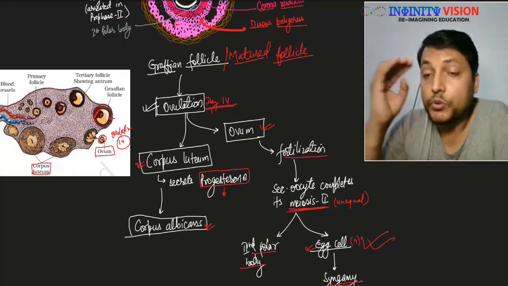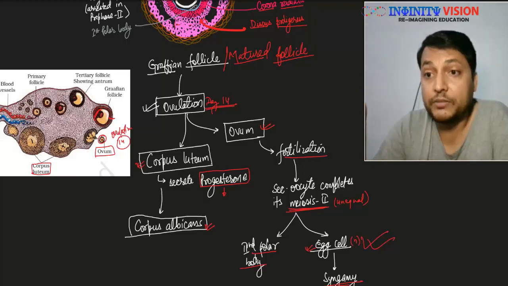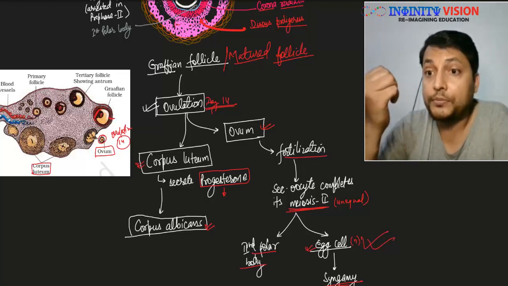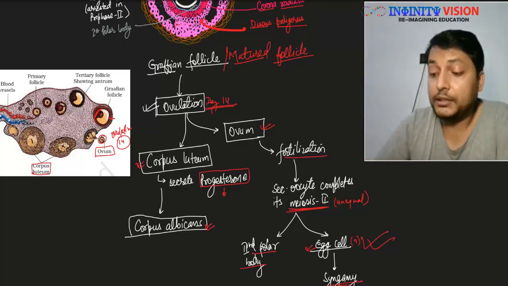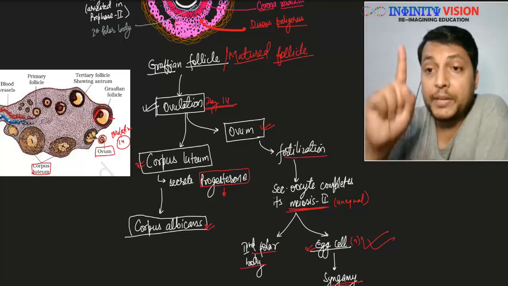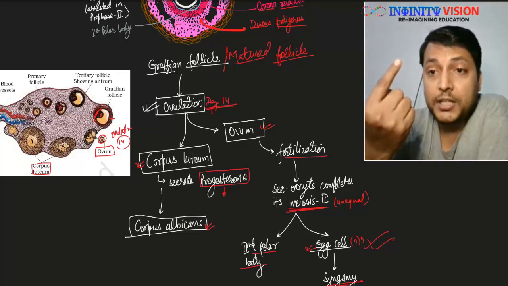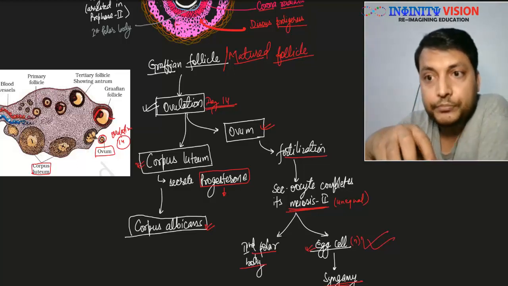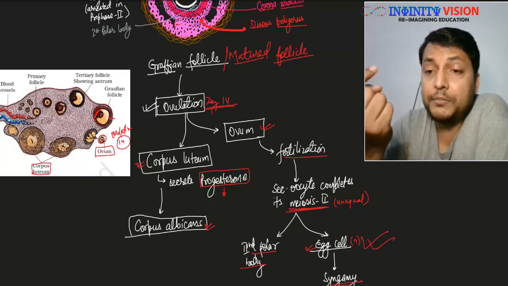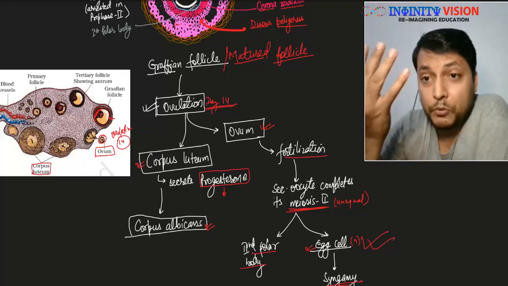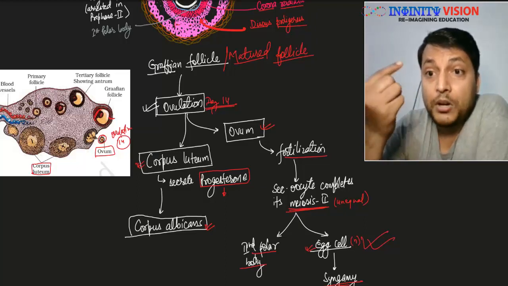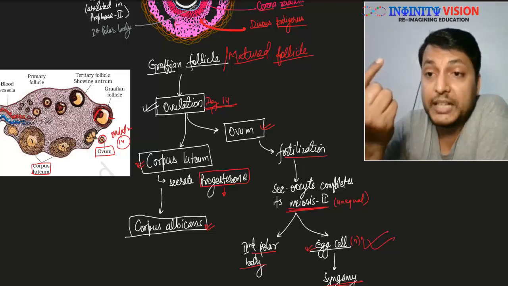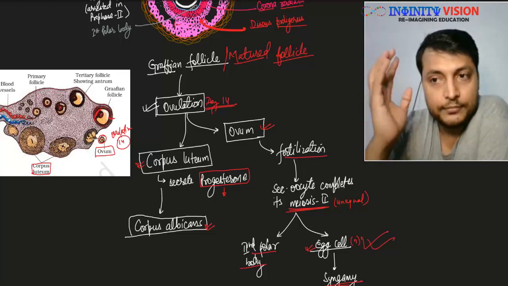So you can correlate with the plant reproduction as well. From one pollen mother cell there will be 4 pollens produced, but in case of female, from one megaspore mother cell only one functional megaspore was developed. Similarly, in case of animals, from one primary spermatocyte 4 sperms, that is 4 male gametes, are produced, but from one oogonium only one functional female gamete is produced, one egg cell is produced, right?